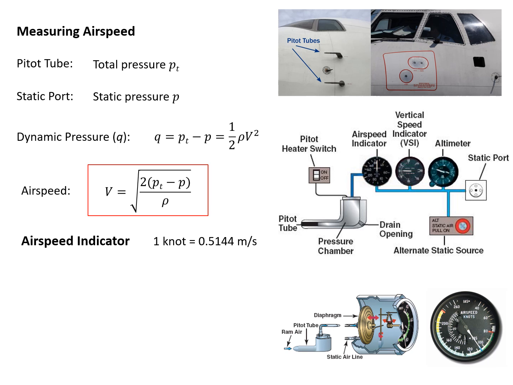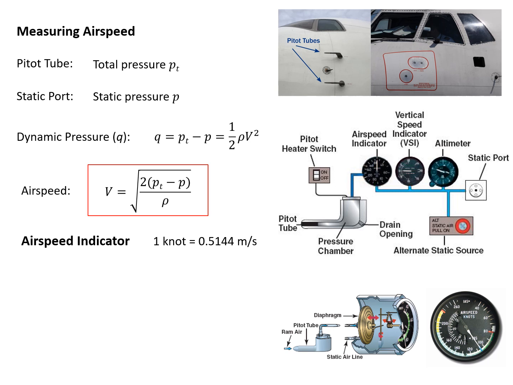If we have a more detailed look at the installation of the pitot tube and the static ports, this is how the channels are related, and how the airspeed meter is connected to the static port and the pitot tube.